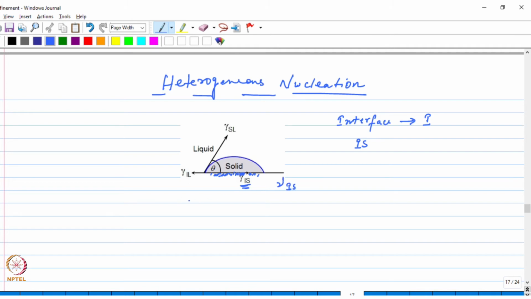Similarly, this nucleating surface also has an interface with the liquid, so that is IL, and this is the corresponding interfacial energy. And this is the interface between the liquid and the solid, so the corresponding interfacial energy is gamma SL. And this is the contact angle between the solid and the heterogeneous surface on which it is forming. Theta is that contact angle.